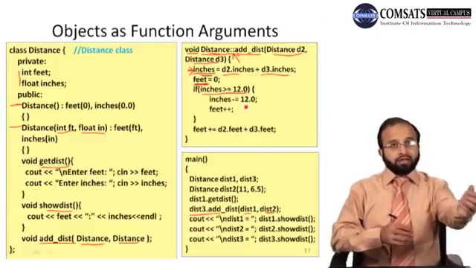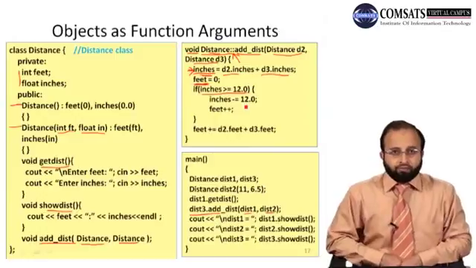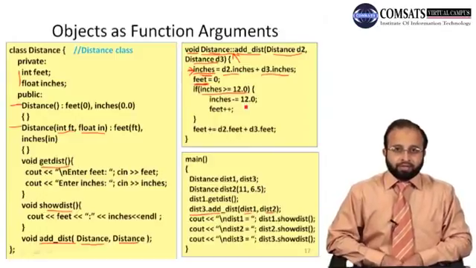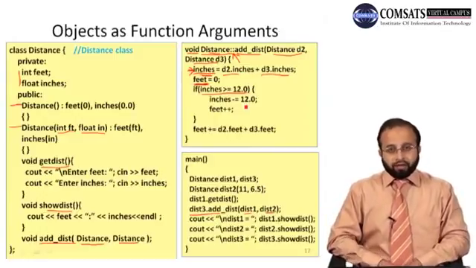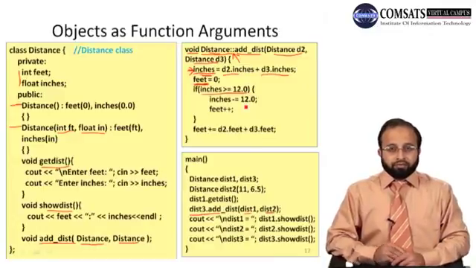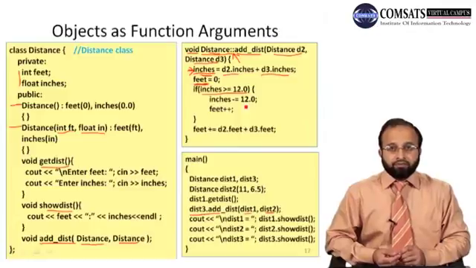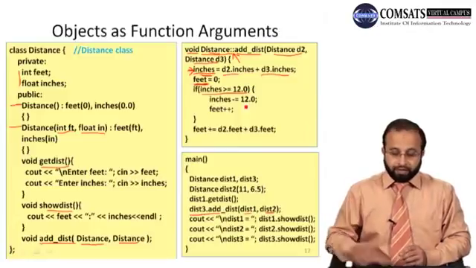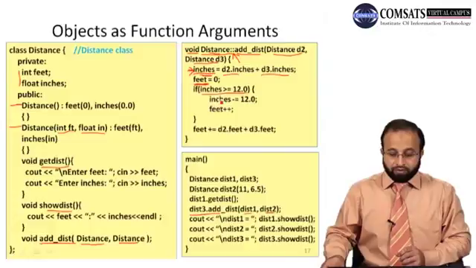So if the distance is, let's say, 5 feet and 14 inches, it doesn't make sense, it doesn't look okay, right. So we can write 6 feet and 2 inches instead of writing 5 feet and 14 inches, right. So we're doing the same thing over here. So we subtract 12 from the inches, we are incrementing feet here, then we come outside the if statement.